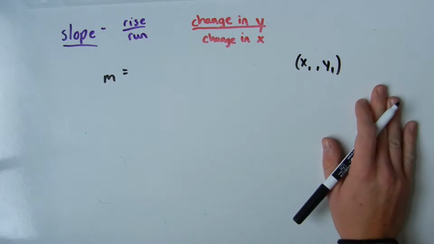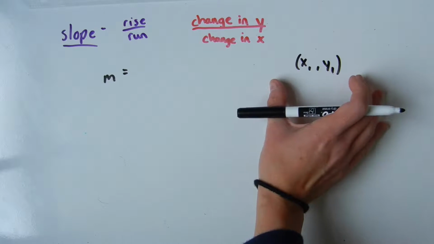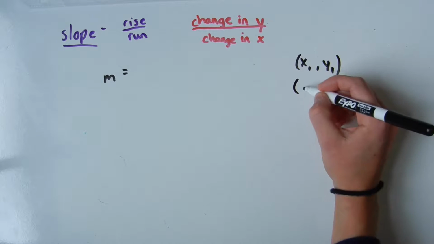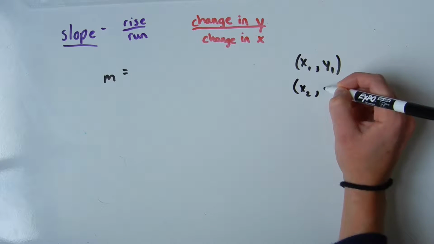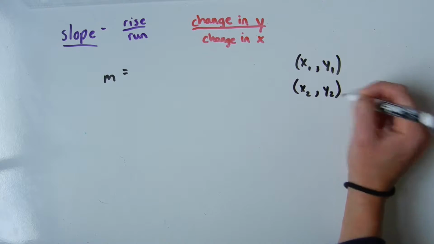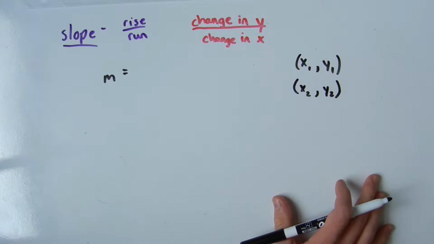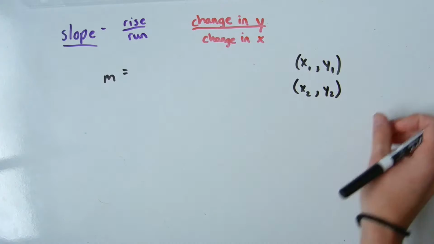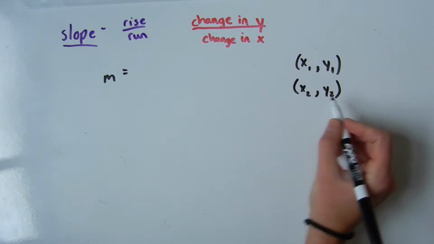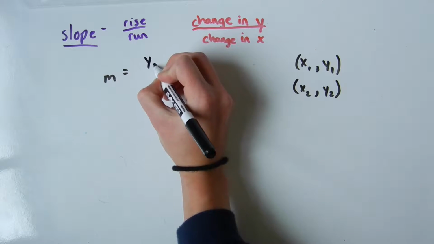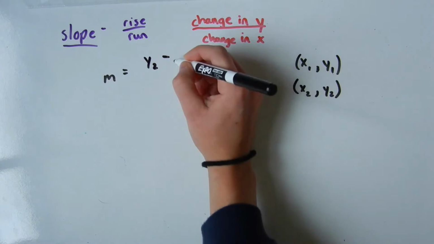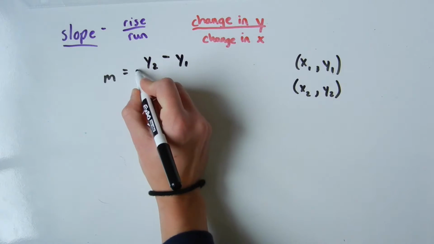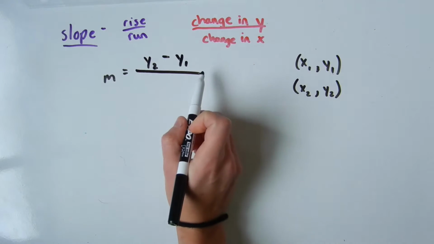That's one coordinate that lies on the linear equation. The next coordinate will be x sub 2, comma, y sub 2. So for our change in y, we're going to take one y-coordinate, y sub 2, and subtract the other coordinate, y sub 1. So that is the change in y.